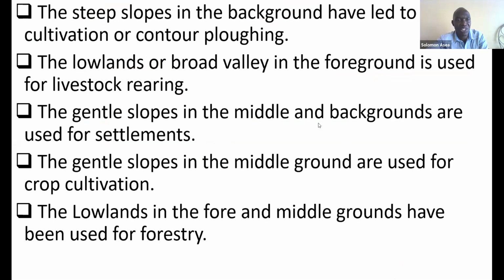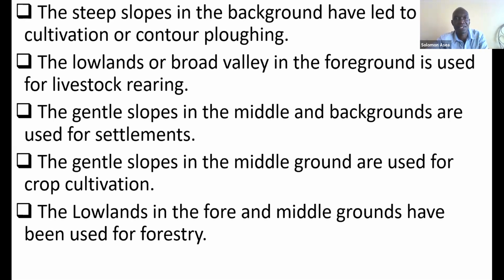Basically, on this slide, it is the relationship between relief and land use, because of the lowlands, gentle slopes, and broad valley. So this slide is basically relief and land use.